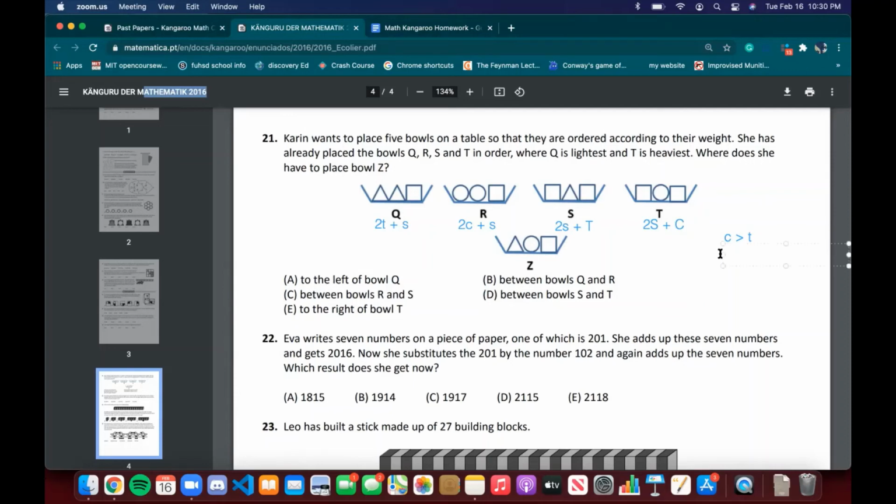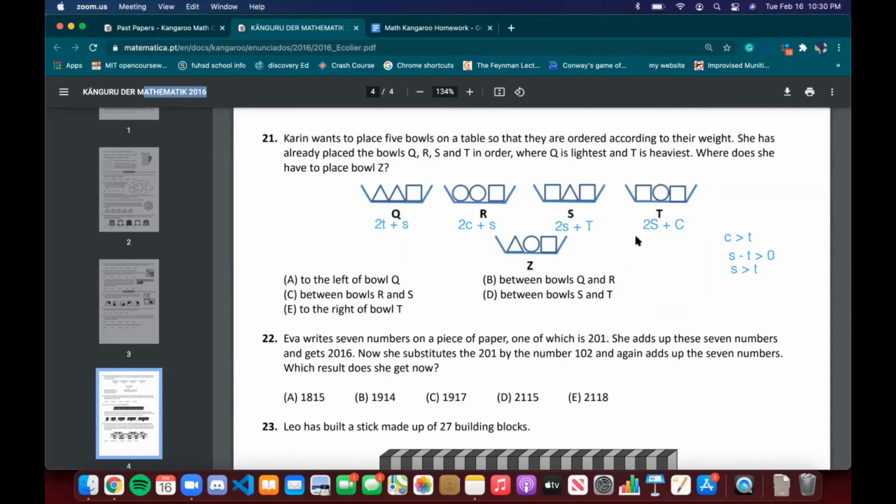So S minus T is greater than 0, which also means that S has to be greater than T. So far we have C is larger than T, S is larger than T. Now we just have to see which is larger, C or S.